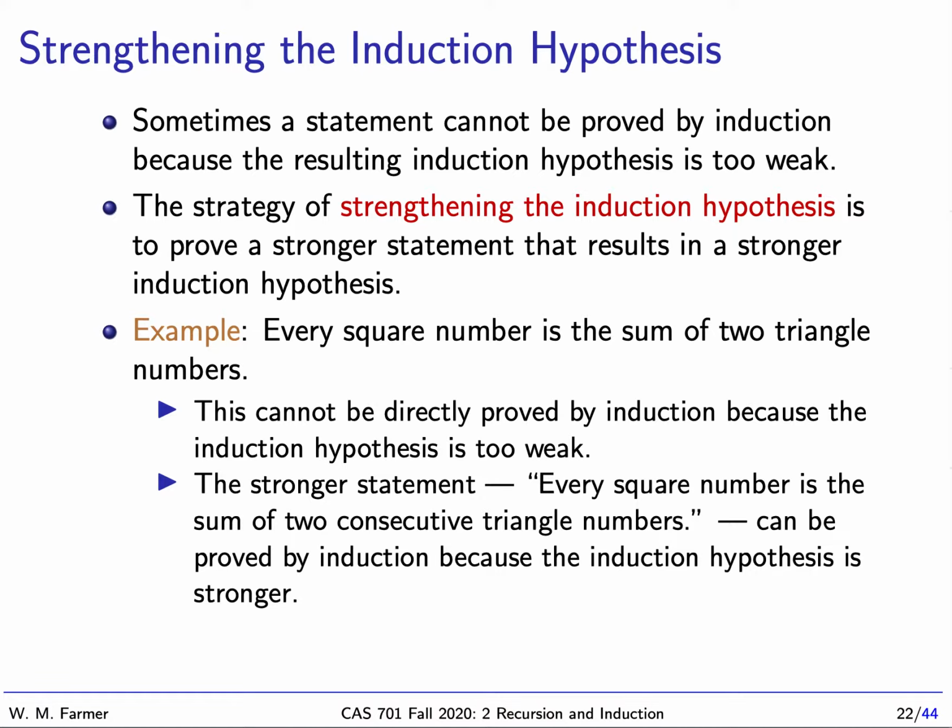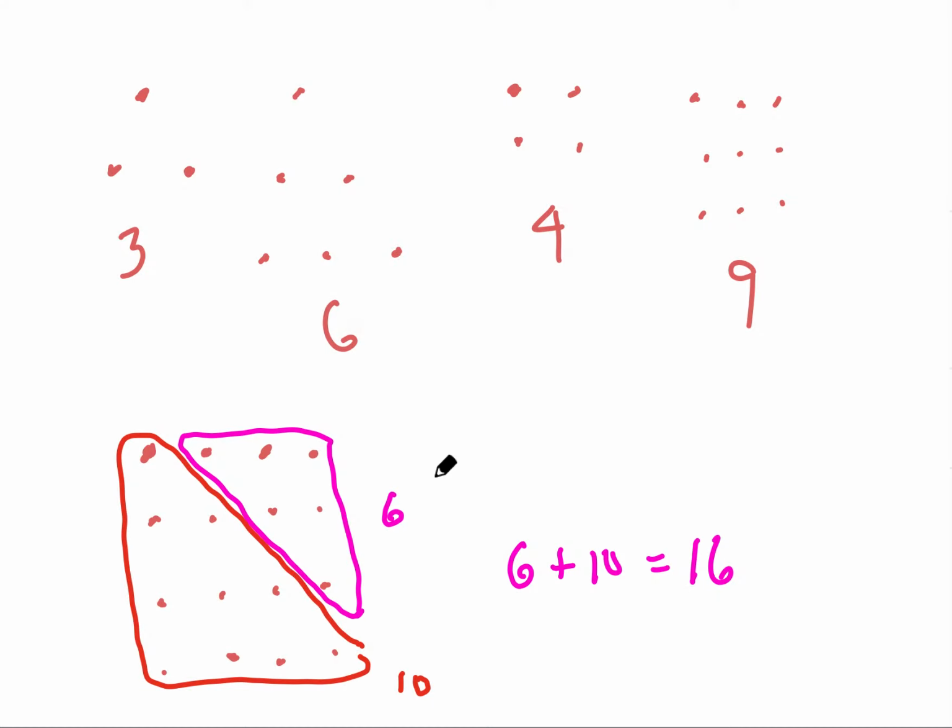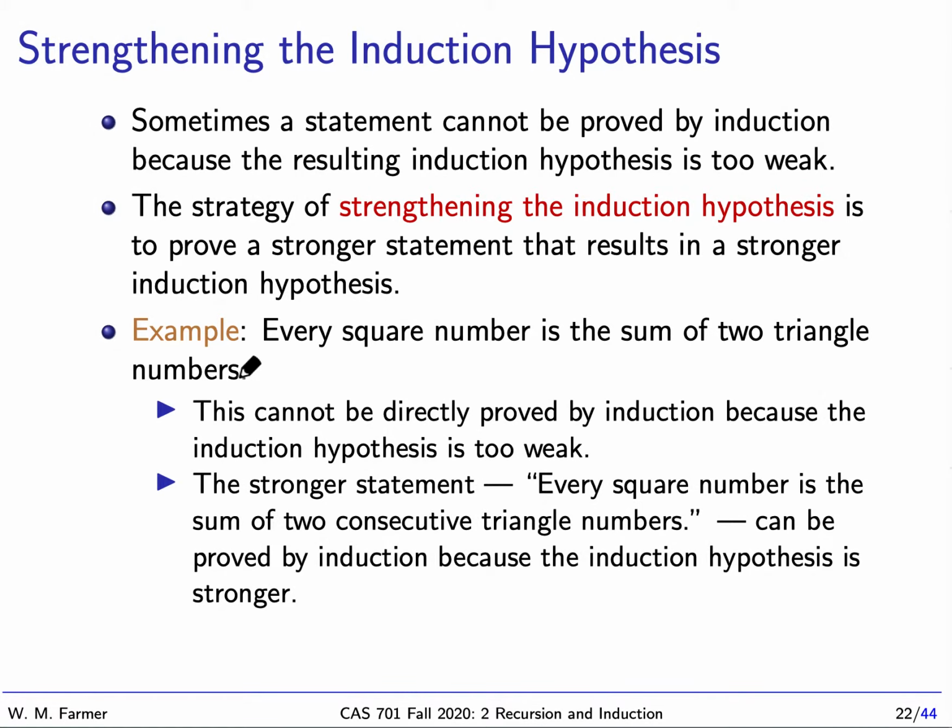If we go back here, we see that 6 and 10 are both triangle numbers, and they are consecutive triangle numbers, because we get to 10 by adding the next row. Okay, so that's the idea of strengthening the induction hypothesis.